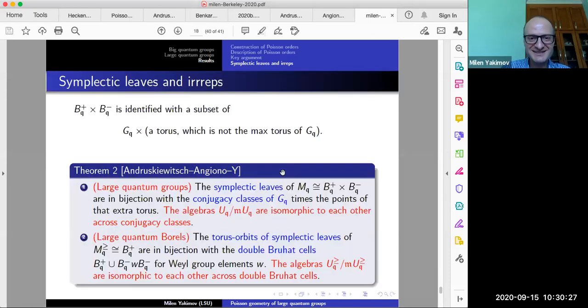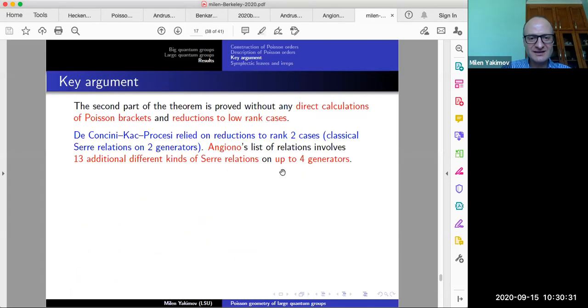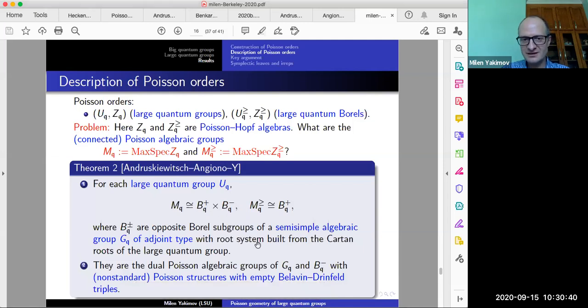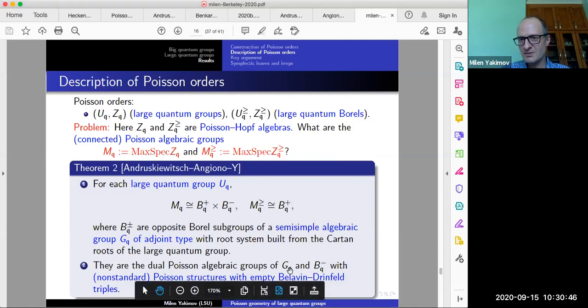Great. Thank you, Vera. So there are these slightly non-standard Poisson structures that appear over here. And when these non-standard Poisson structures appear here, we have to see how exactly the algebras are embedded in the corresponding double.